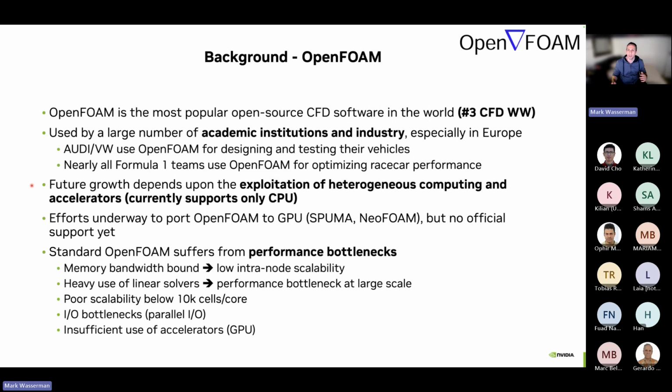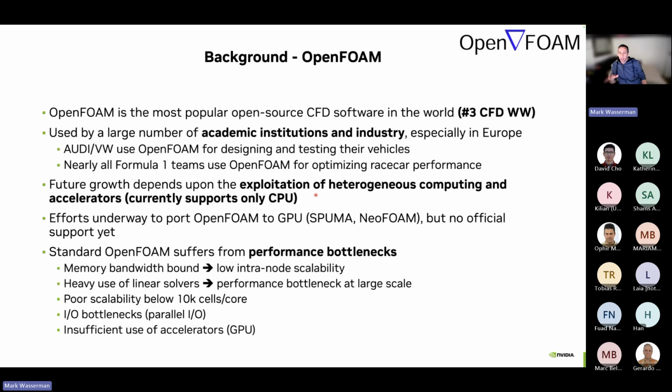However, even though it's very widely used, it's still not optimized for heterogeneous computing, which is kind of strange, I would say. But there are efforts underway currently to optimize it for GPU as well.